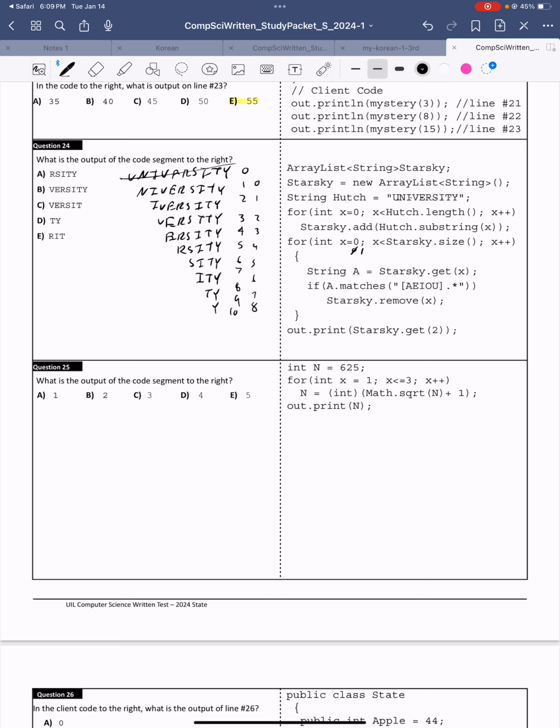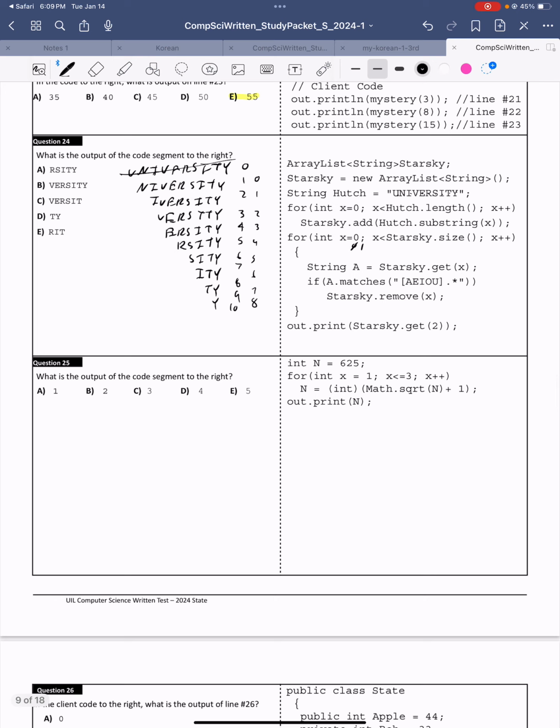So x equals 1, so let's go 1. Does 1 start with a vowel? Yeah, so we cross that out. And then these get shifted, so it becomes 0, and then we skip this one. 1, 2, 3, 4, 5, 6, 7, and then 1 becomes 2. Then we look at 2, university, yes, and then we just look, okay, Starsky to get 2.